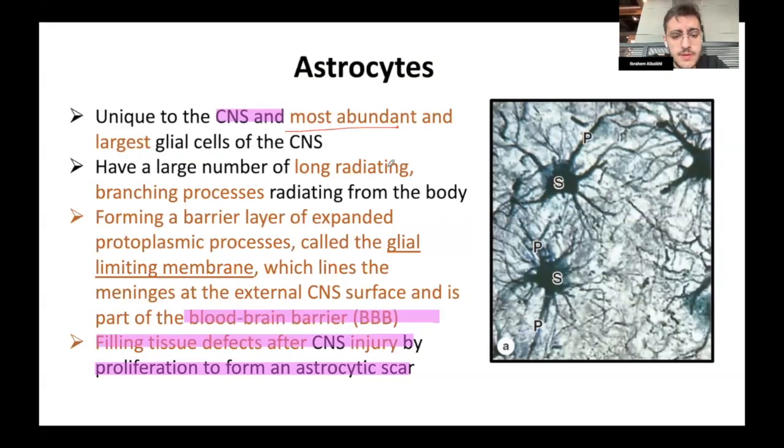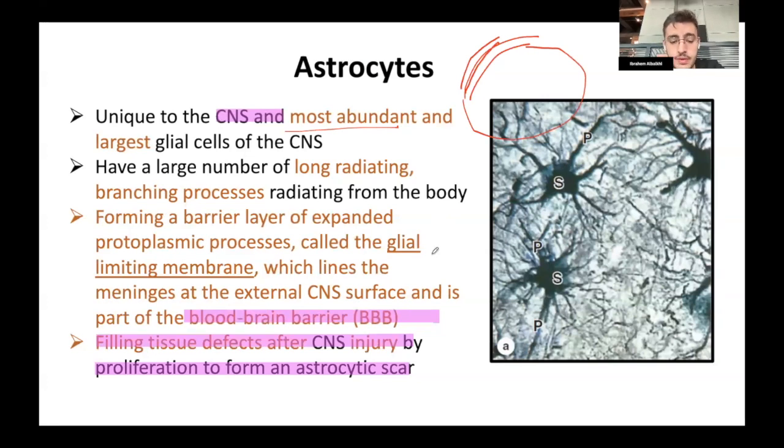Astrocytes are the most abundant cells in the central nervous system, and we can summarize their function into three main key functions. The first one is that they form something called the glial limiting membrane. So as you know, this is your brain, and you have your gray matter, and what forms the final layer, which is in contact with the meninges, is the astrocytes.